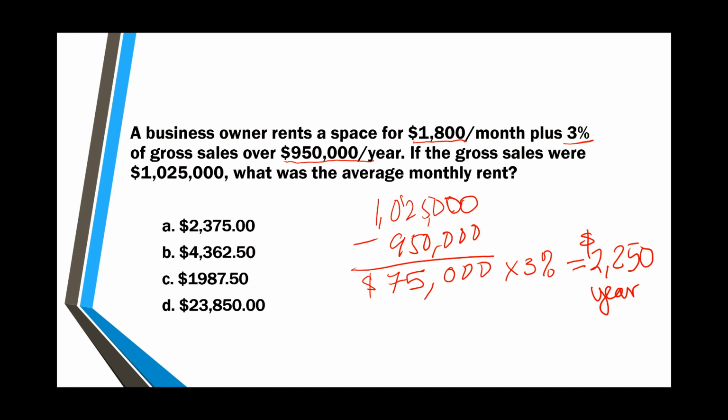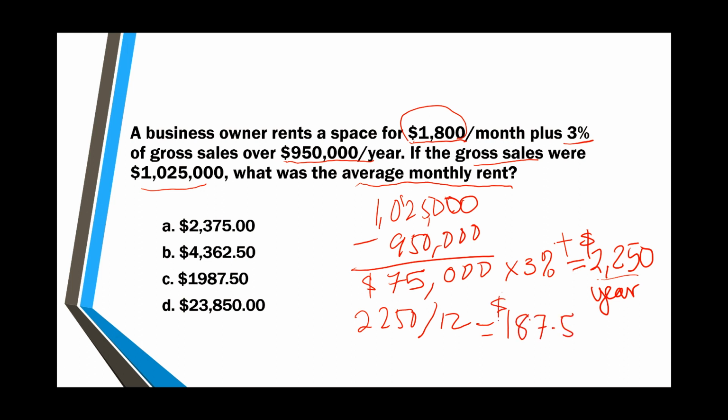So let's go back to the question. The question says, if the gross sales were this, what was the average monthly rent? So we want to figure out how much they were paying every month, which was 1,800 plus this divided by 12. So 2,250 divided by 12, let me do that on my calculator, is 187.5 per month.